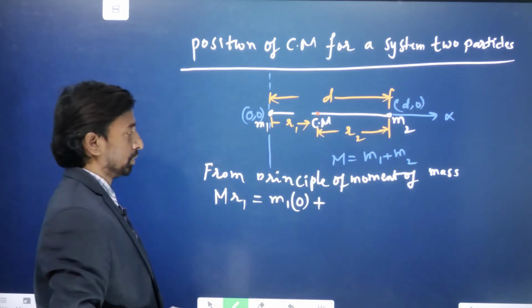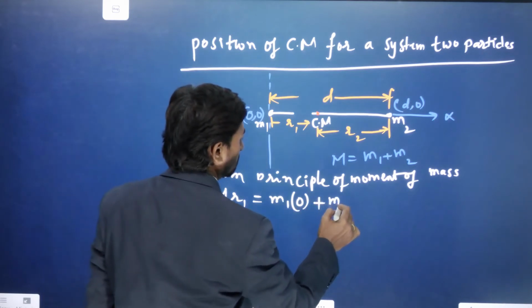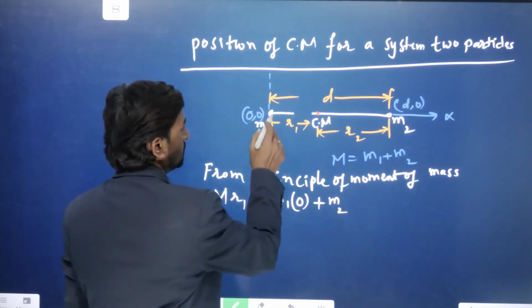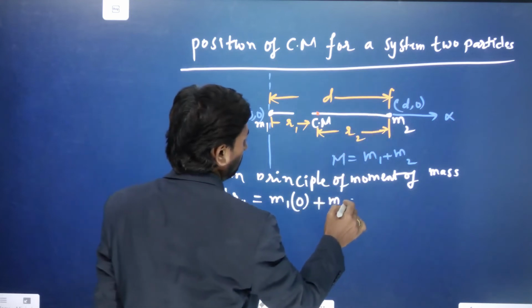So m2 is the mass, and its distance from the origin is d.